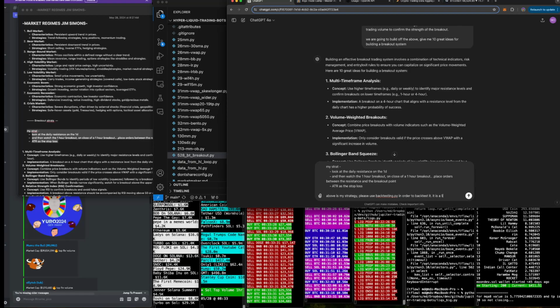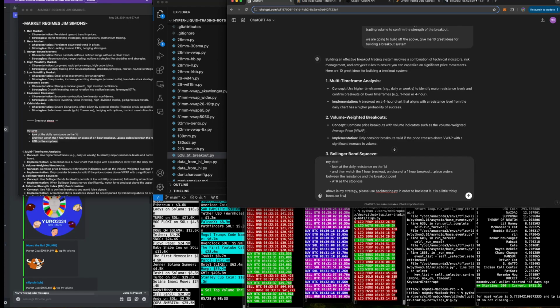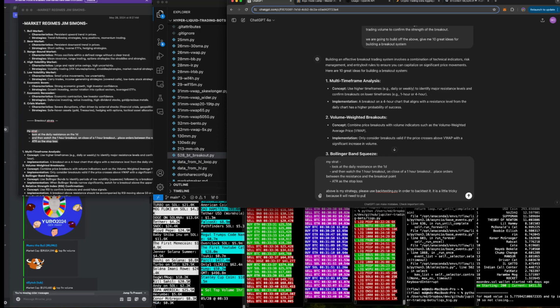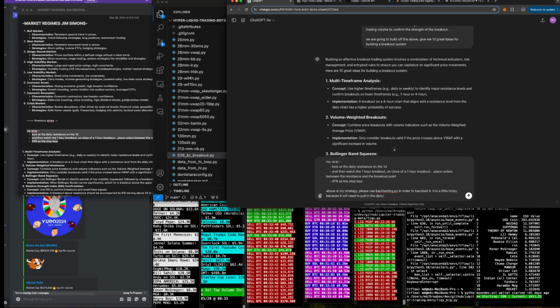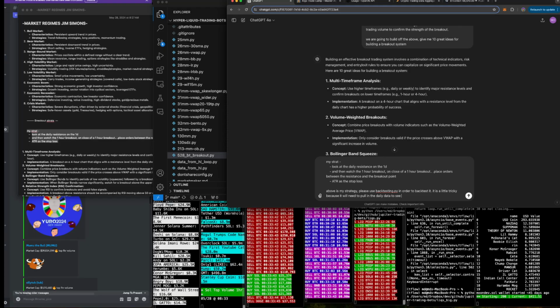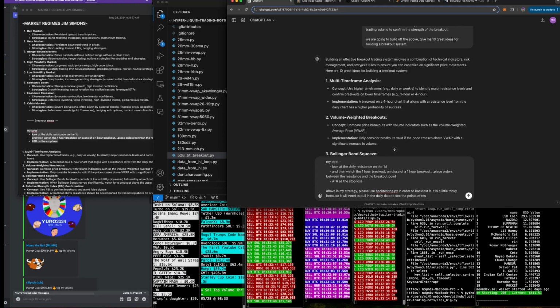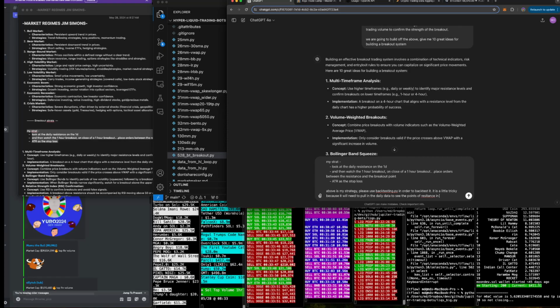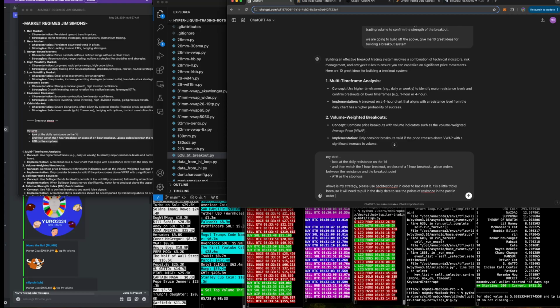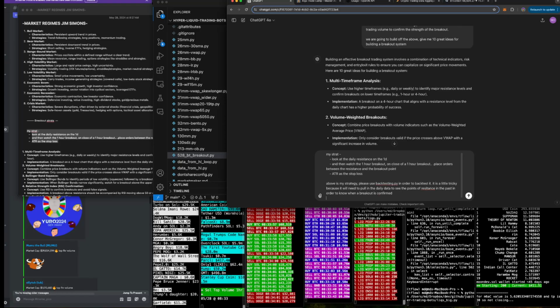It is a little tricky because it will need to pull in the daily data to see the points of resistance in the past in order to know when a breakout is confirmed.